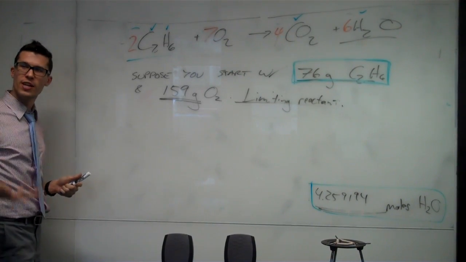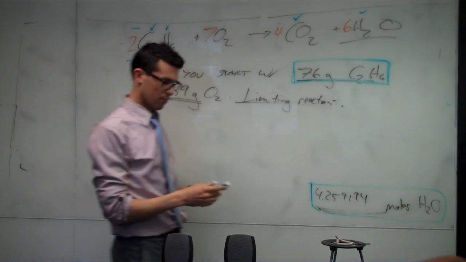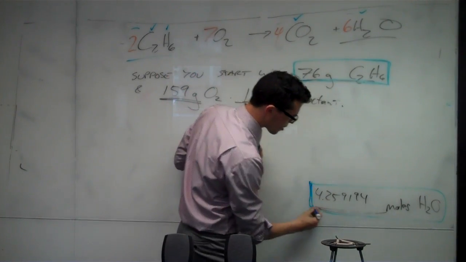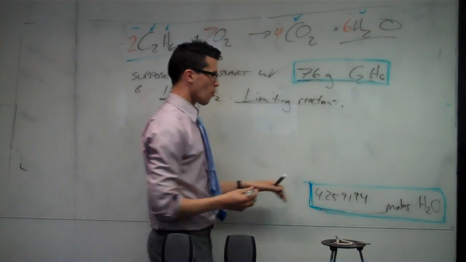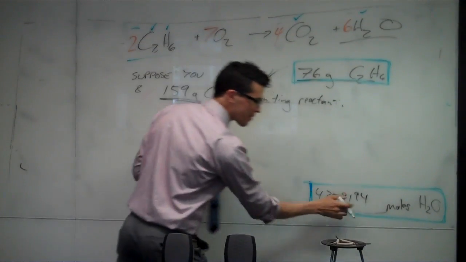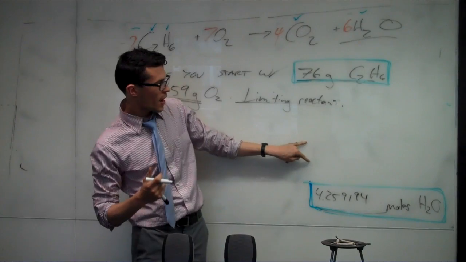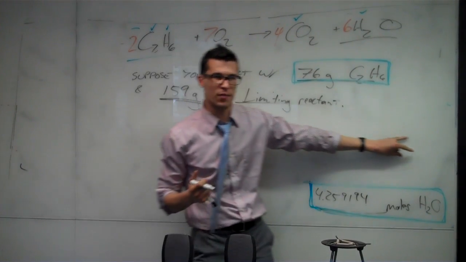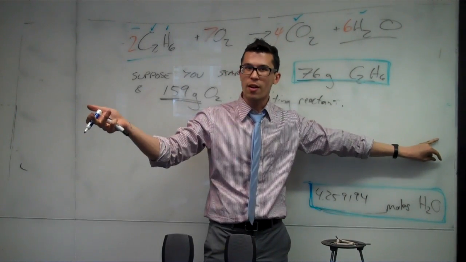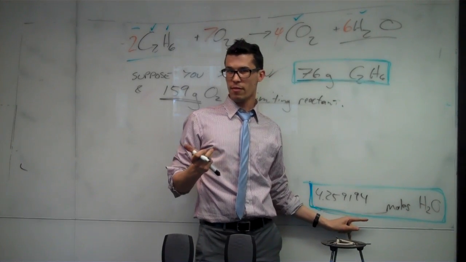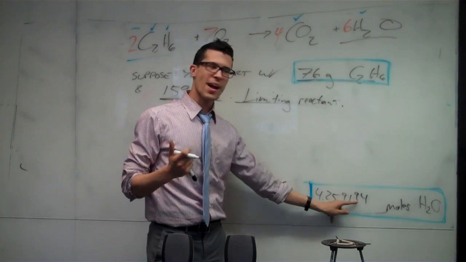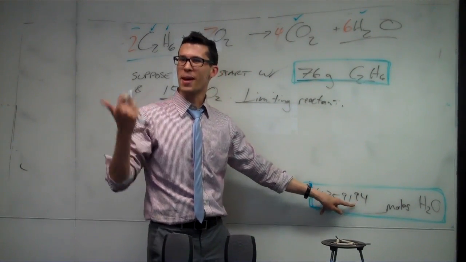Think about what you're turning into what. This is what you get for your limiting reactant. When your limiting reactant makes a product, this is how much product it makes. Before we had the excess reactant giving you some kind of a product up here, but it was more than the limiting reactant. So this is the maximum amount of product you can make.